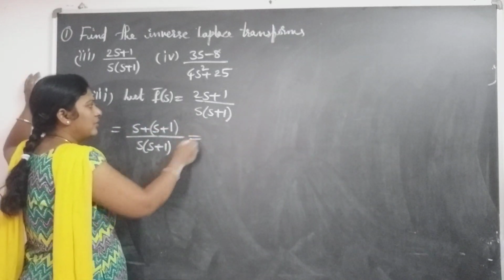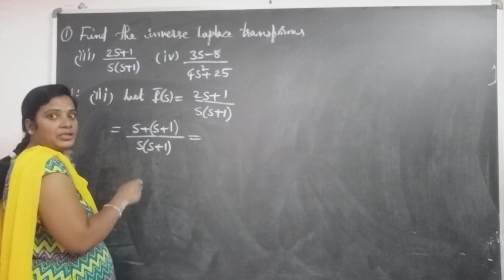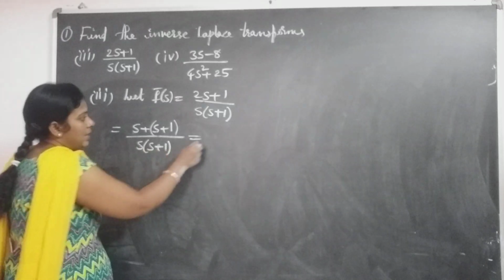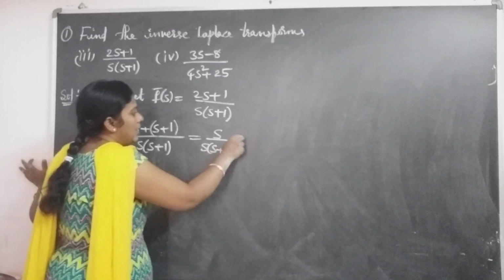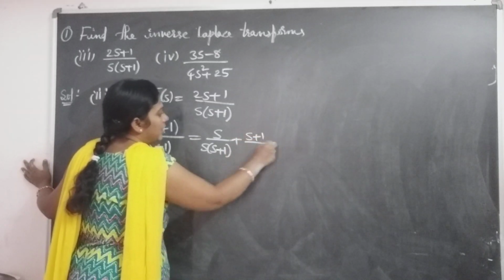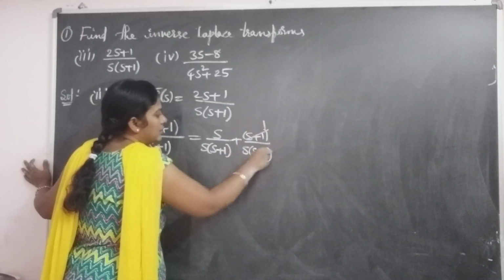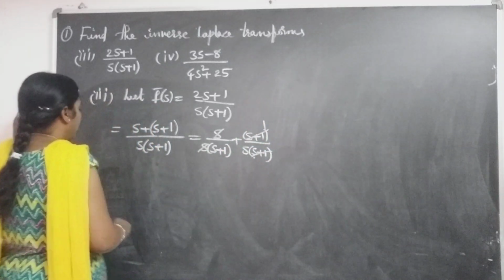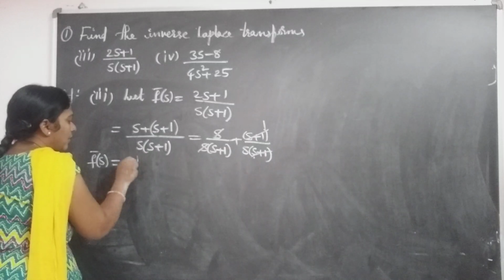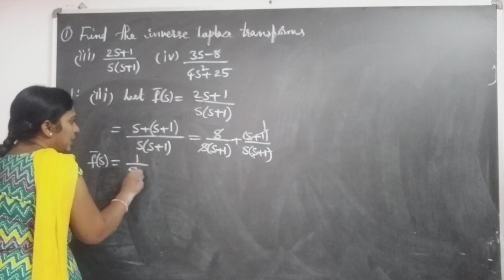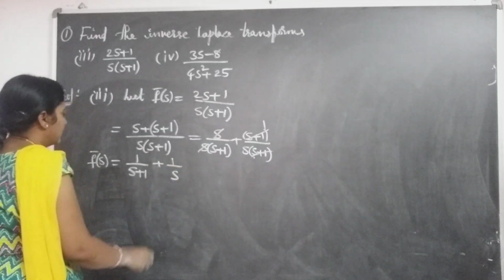Then by using partial fractions, or directly by observing the given function, you split into factors. Then it is s by s into s plus 1 plus s plus 1 by s into s plus 1. Then f bar of s is equal to 1 by s plus 1 plus 1 by s.